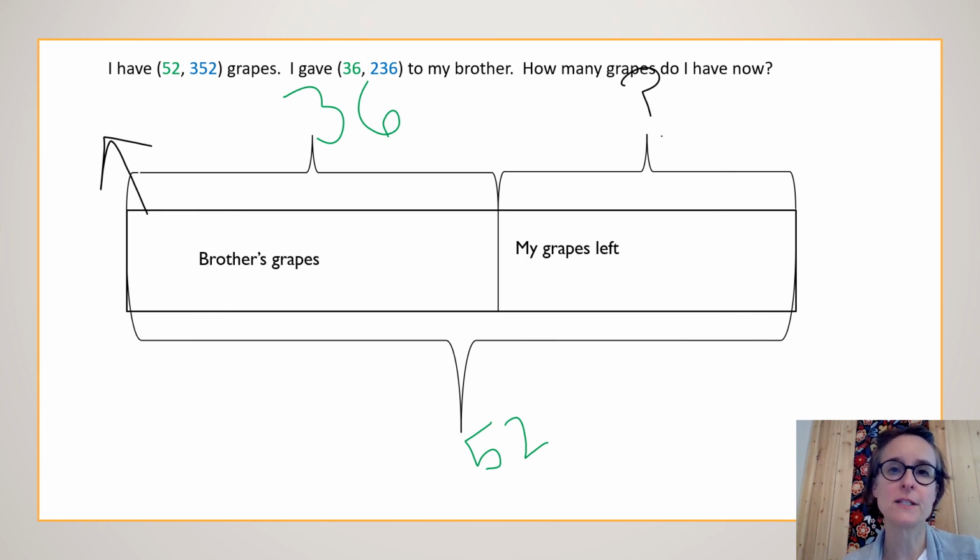The problems will have green numbers and blue numbers. You get to pick whichever set you'd like, but make sure you stick with the same color for the problem that you're on. So when we look at the example you see on your screen, I chose the green numbers. So I've labeled my tape diagram with just the green numbers. You'll do the same thing when you do your work in your notebook this week.